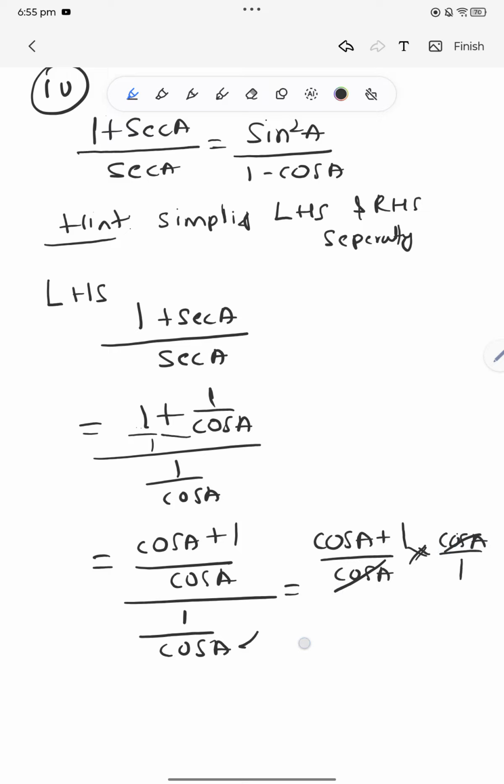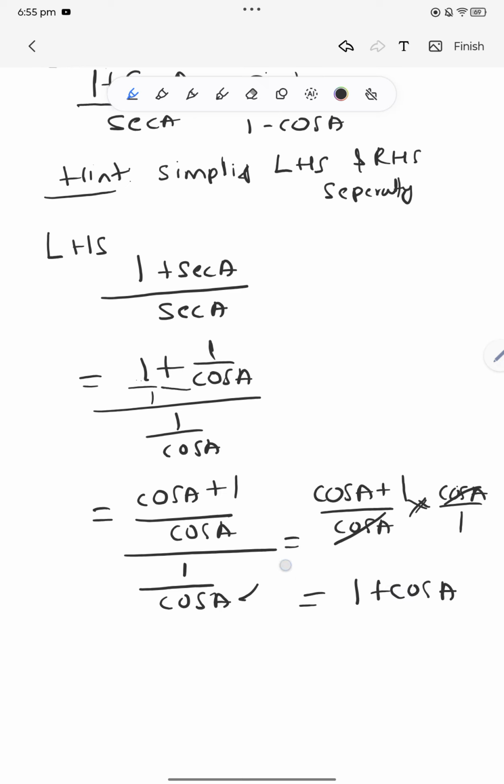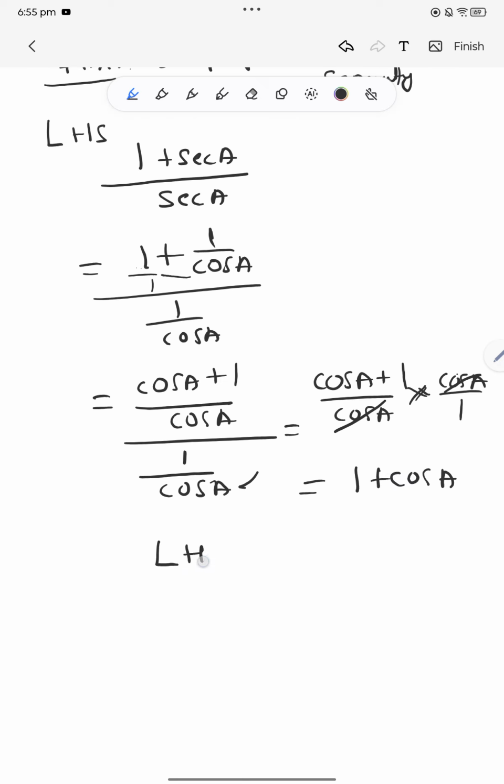The cos A cancels. The answer is 1 plus cos A. So LHS is equal to 1 plus cos A.